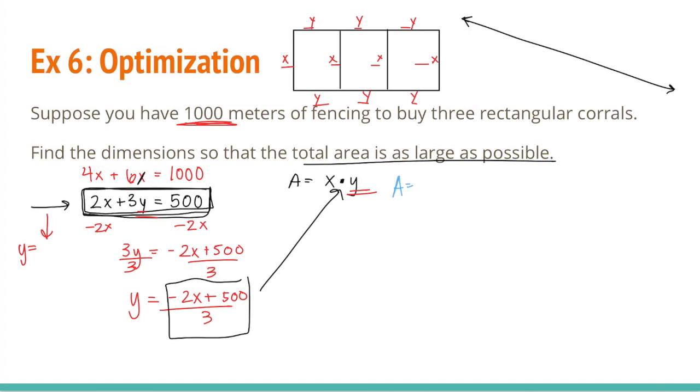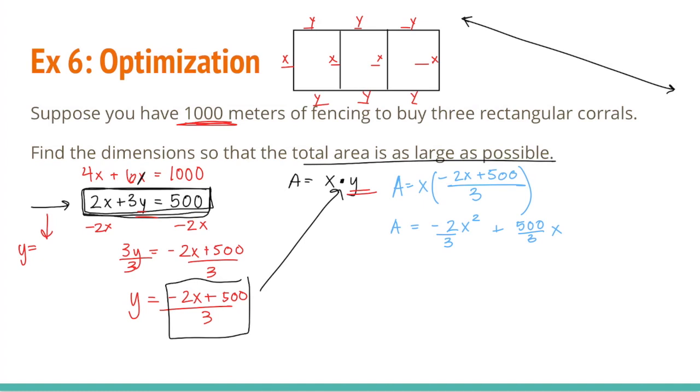So now I have area equals x times negative 2x plus 500 over 3. I get A equals, and then I'm just going to distribute that x, negative 2x squared over 3 plus 500 over 3 x.